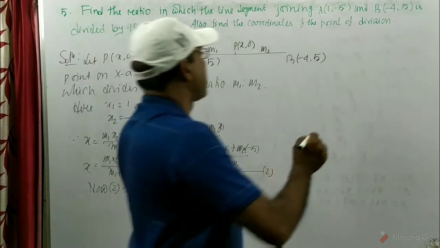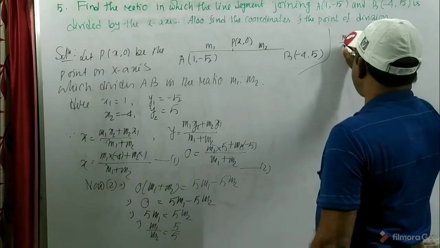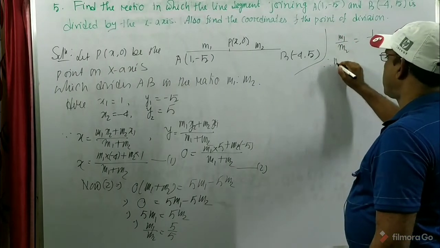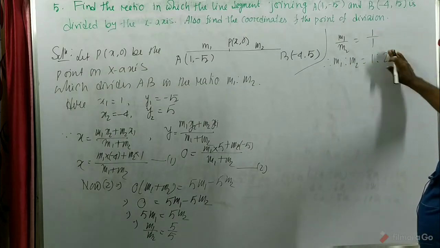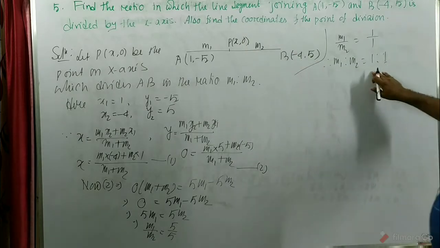So we get m1 by m2 equal to 1 by 1. Therefore m1 is to m2 equal to 1 is to 1. The ratio is 1 is to 1.